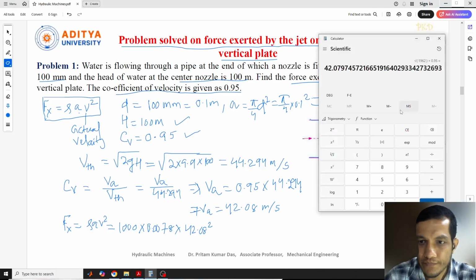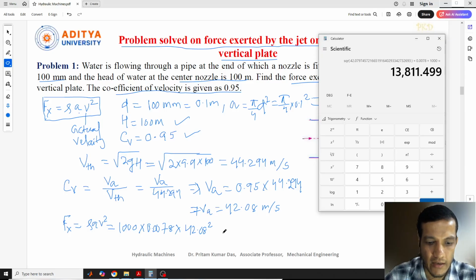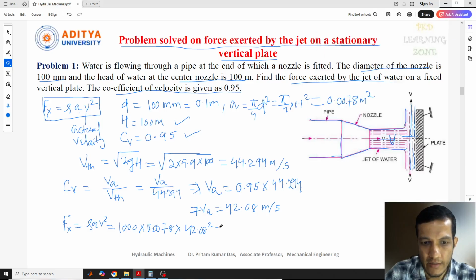Finally, multiplying 42.08 square by 0.0078 by 1000, we get near about 13,800, something like 13,811 point something Newton.